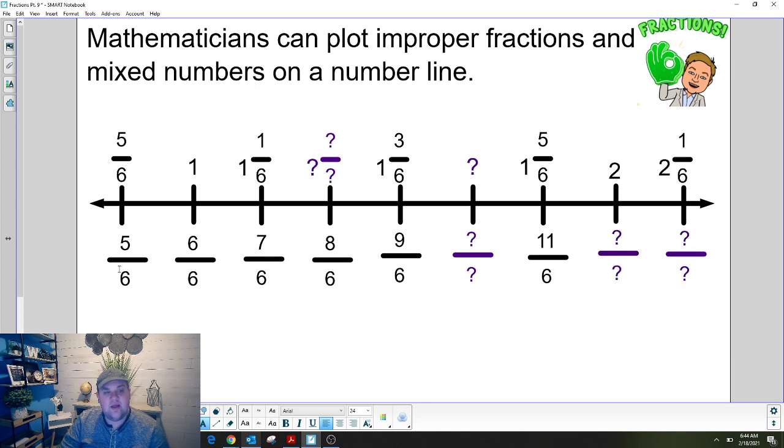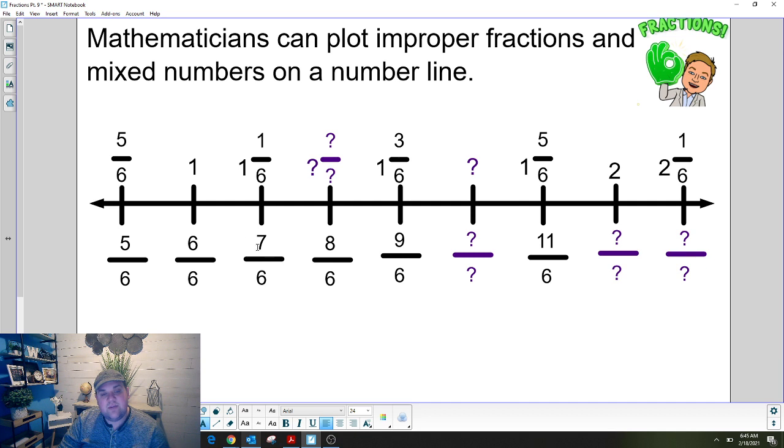Here, there are sixths. So there's 6 pieces in a whole, and I know that because there's a 6 in the denominator. So we've got 5/6 here. And these are all improper fractions again, except for this one, which is not an improper fraction because it's just a regular fraction.